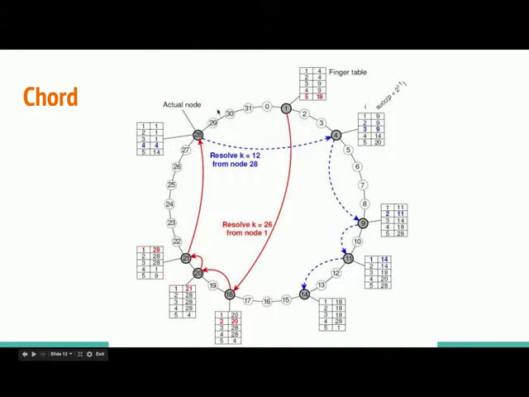So as you can see, now we have a ring of how many? 32 nodes, right? But for each lookup, it's around 1, 2, 3, 4 steps. Around 4 steps. So it's in the order of log n.